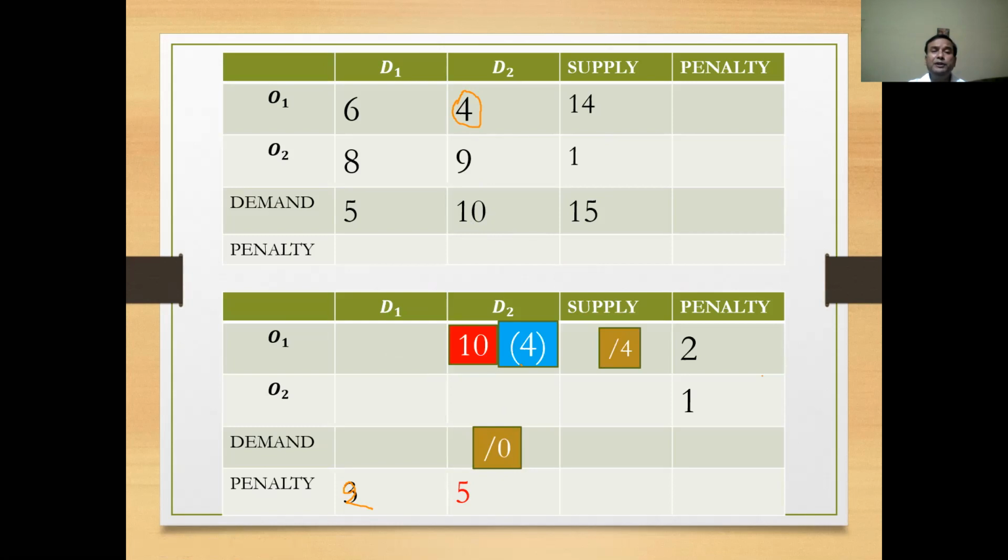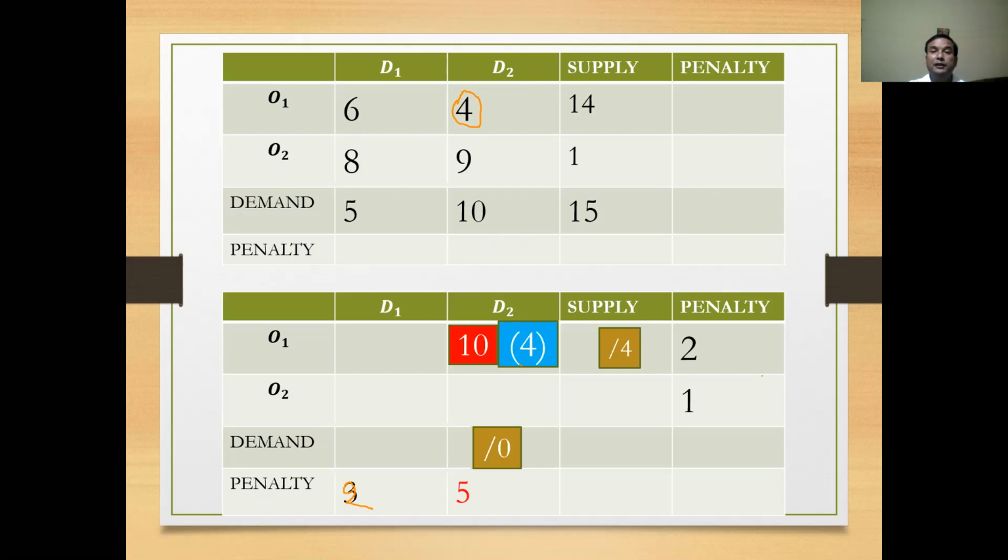So we will again proceed to the next step. Before proceeding, let us see if there is any empty supply or demand. Yes. In D2, this demand is empty. Therefore, we think of only D1 and origin 1 and origin 2.